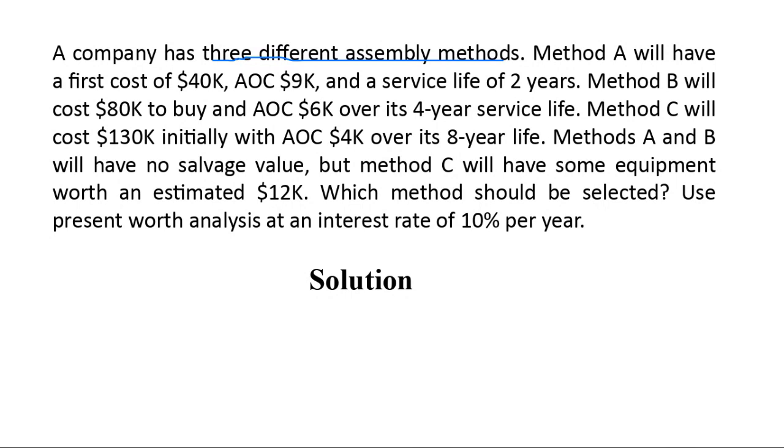So how are we going to convert it in the second cycle? It will be minus 40,000 multiplied with P given F, excellent, Ali, 10% for 2 years.